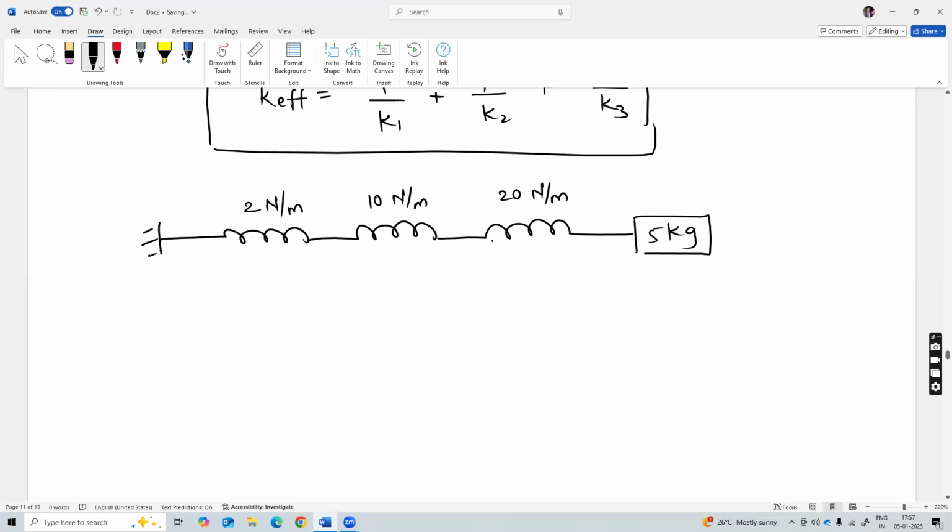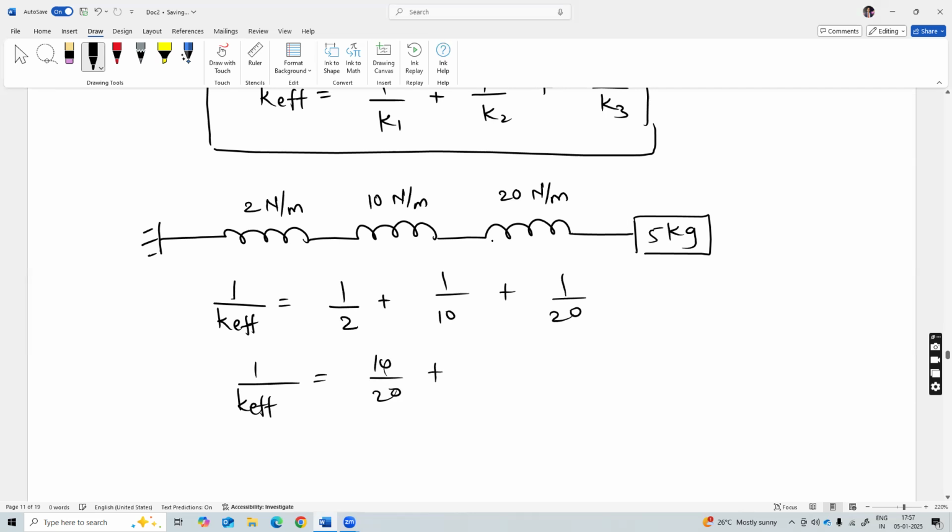You have to find out the effective spring constant. We know that K effective is 1 upon K1 plus 1 upon K2 plus 1 upon K3. So it will become 1 upon 2 plus 1 upon 10 plus 1 upon 20. We'll try to make the denominator the same. We'll multiply the first term with 10, so 10 upon 20. We'll multiply the second term with 2, so 2 upon 20. And we'll keep the third term as it is, so 1 upon 20. Adding these, finally we will get 13 upon 20.